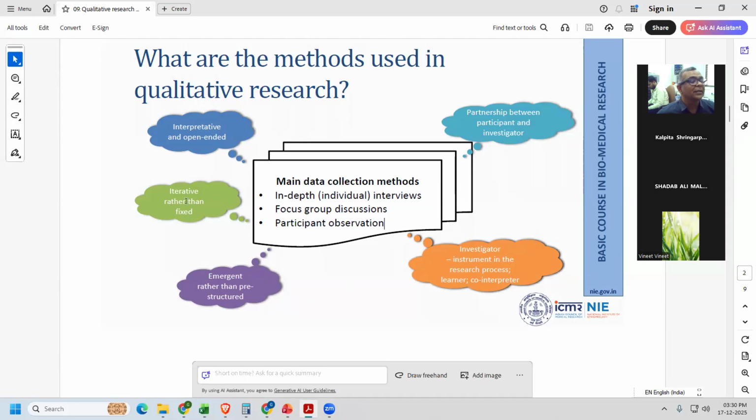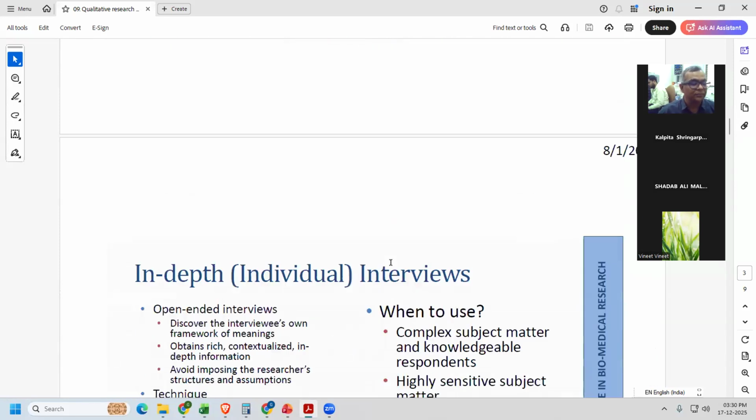It is iterative rather than fixed, and interpretative as well as open-ended. It is not close-ended, because we are open to discussion. So these are mainly the 3 methods: in-depth interview, focus group discussion, and participant observation.